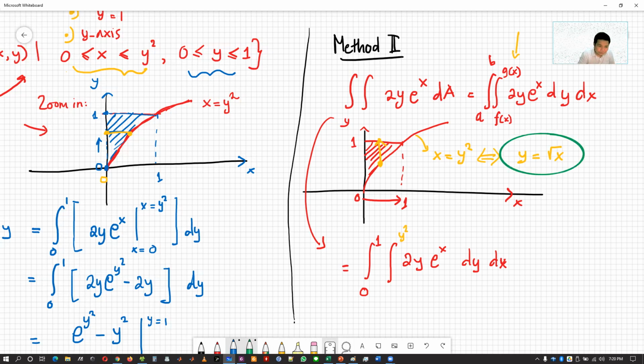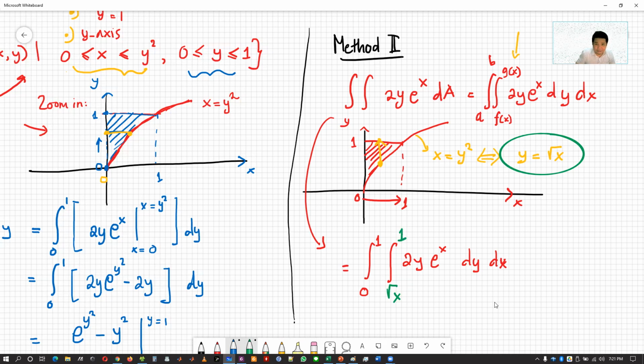Okay, so instead of writing it down as this one, we calculate it, we write it down as this one. Okay, from where? Sorry, the lower boundary. Okay, square root of x until 1.